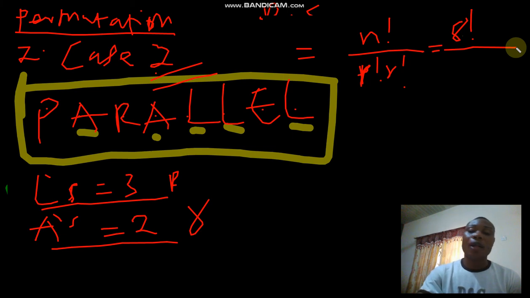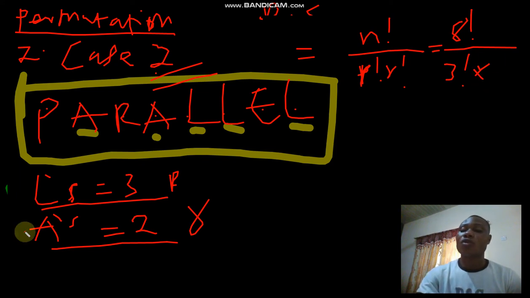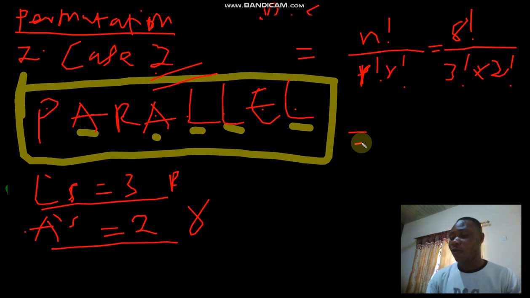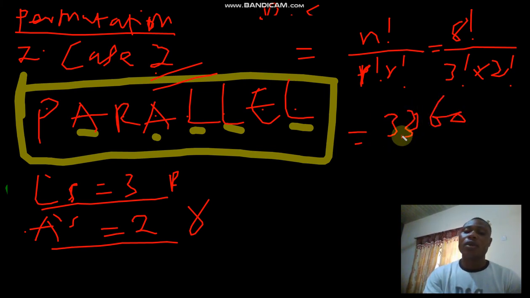My P is L. The L is 3. So 3 factorial times, and my A's are 2, so I have 2 factorial. I can just call all these things on a calculator. Now you know how to find the factorial, so that should give us 3360. 3360. So that's what we are trying to say.